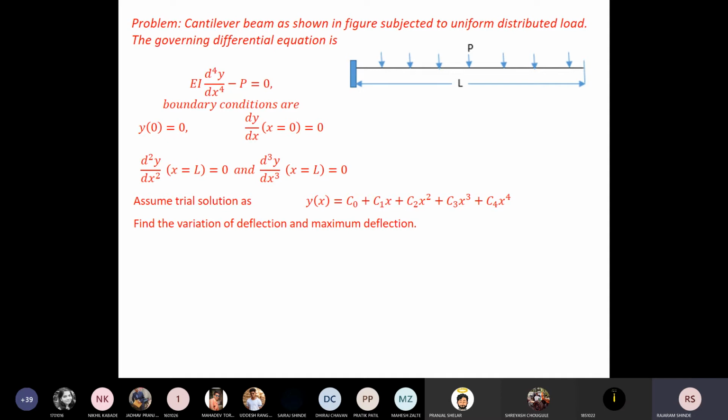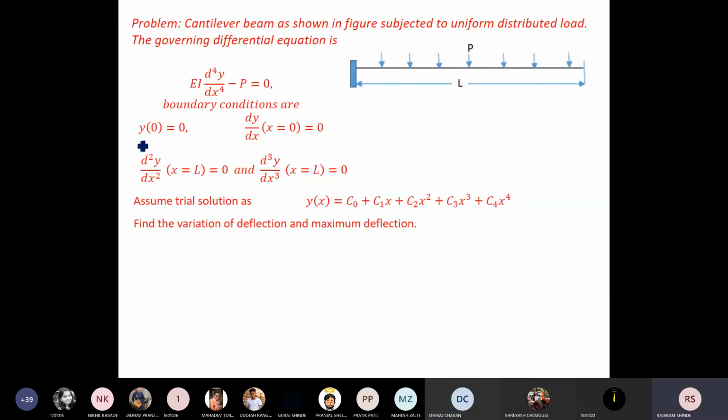We have to complete this problem in 15 minutes, so you write fast. Dhiraj, is it done? Dhiraj Chavan. Yes, sir. Okay.